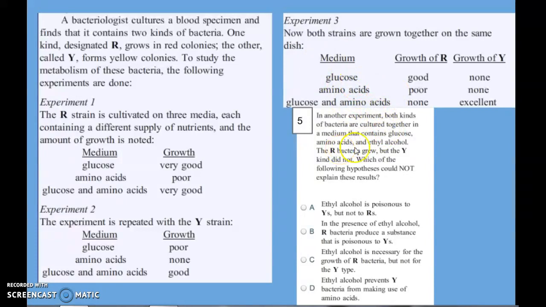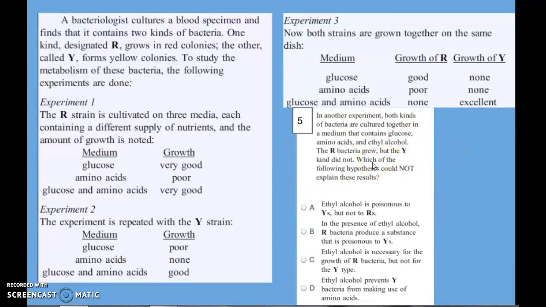Now they put them in one more medium, ethyl alcohol and amino acids and glucose. But in that one, the R bacteria grew, but the Y bacteria did not grow.